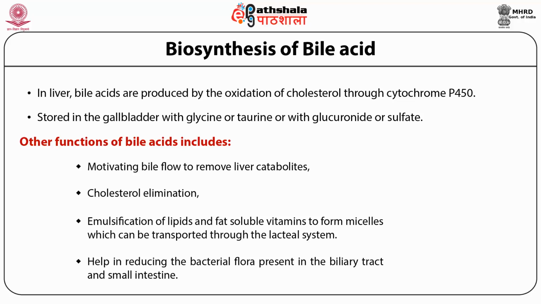In most of these species, the biosynthesis of bile acid is a foremost route of cholesterol metabolism except humans. About 800 mg of cholesterol per day is produced by the human body, and half of it is used for the synthesis of bile acid.